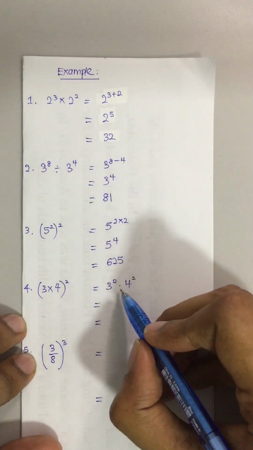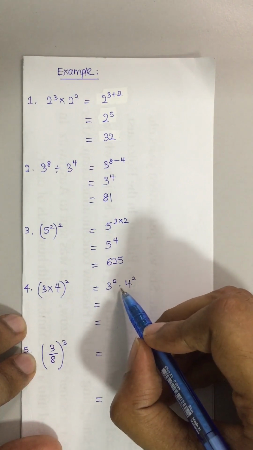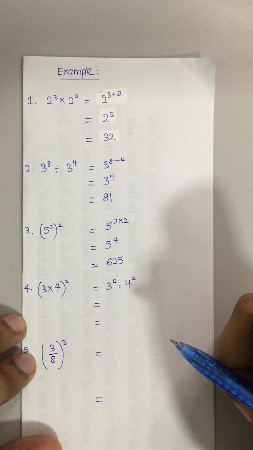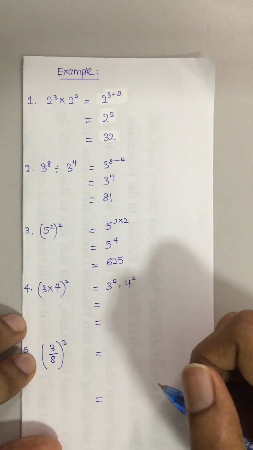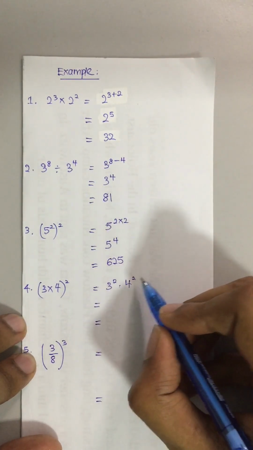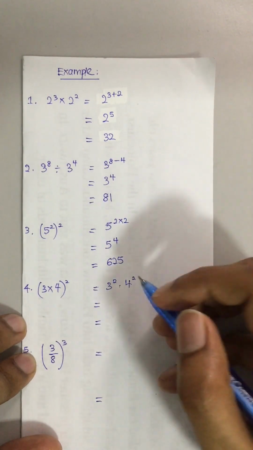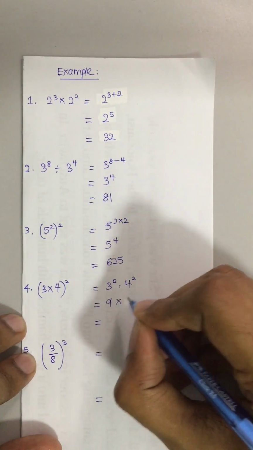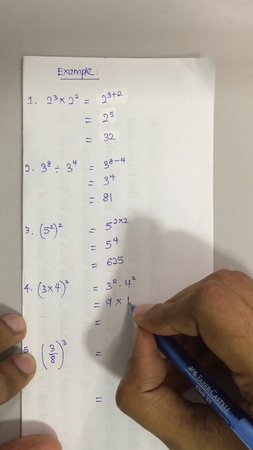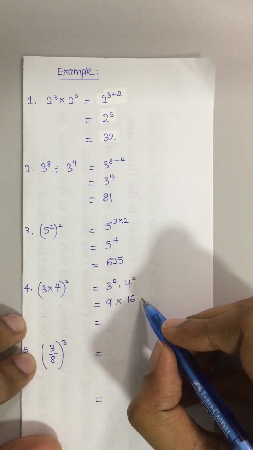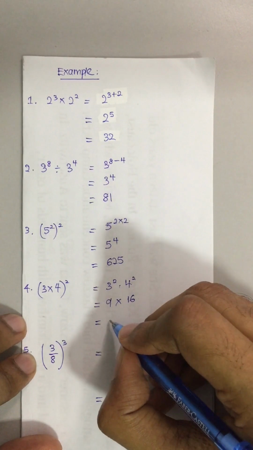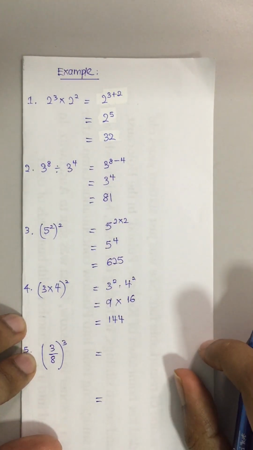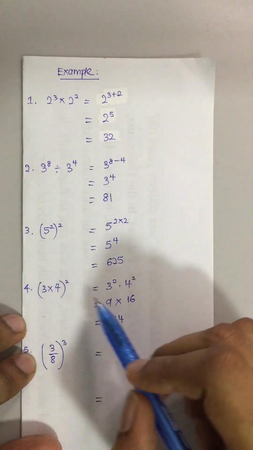Just for the information, the times symbol you can write with the x symbol or the dot symbol. It's just the same, guys. 3 square, you solve directly, you get 9. Then times 4 square, you get 16. 9 times 16, you should get your answer is 144. This is for the law of indices number 4.